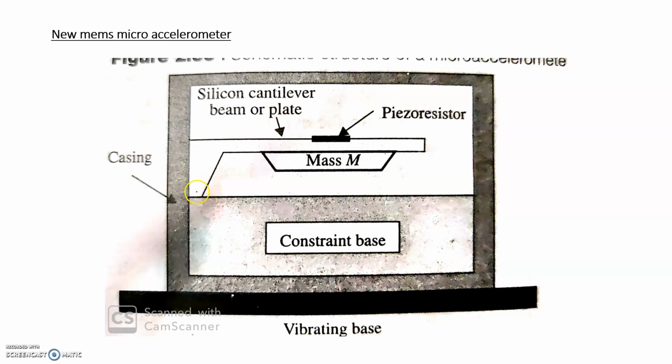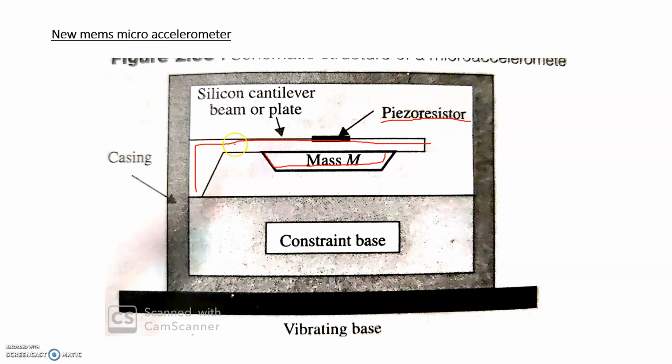Instead of a spring we have a thin layer of silicon cantilever beam to which we attach a proof mass, and above the cantilever beam we attach the transducing element. Here we make use of a piezoresistor.